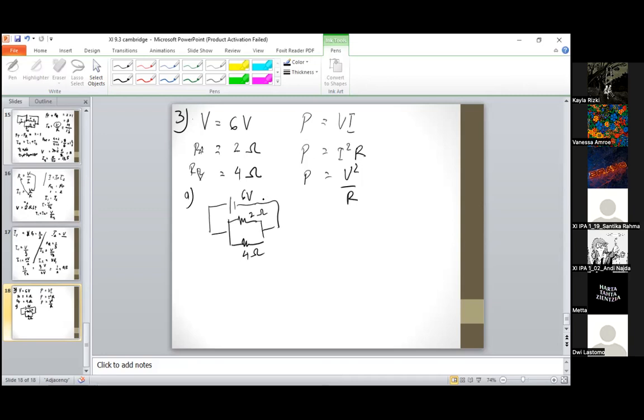We have to find the equivalent R first: multiple 2 compared to 4 plus 2, we get 8/6.